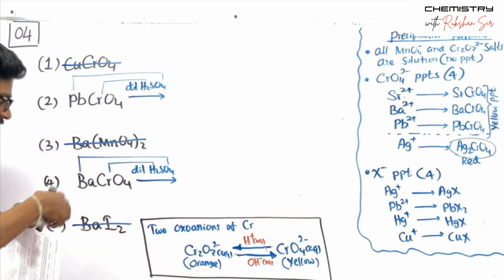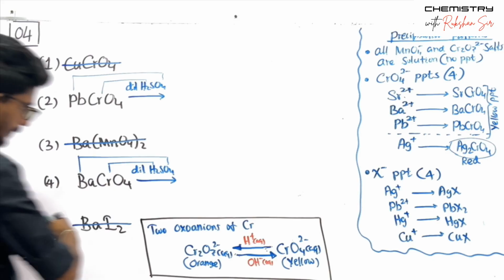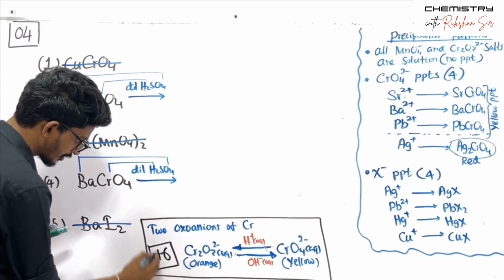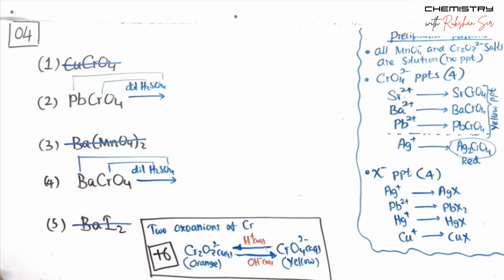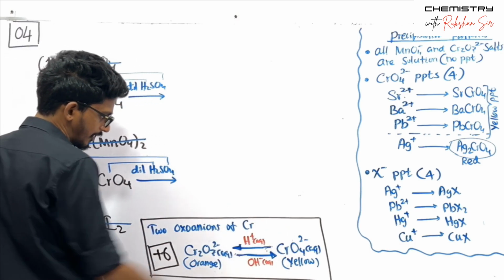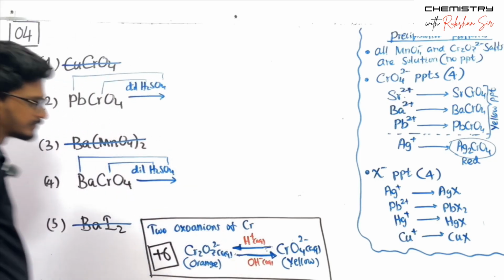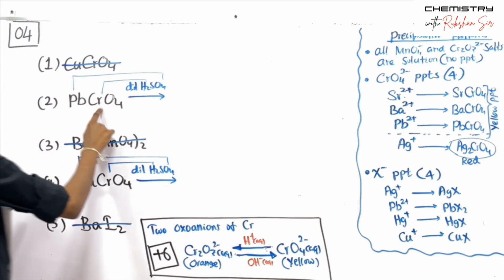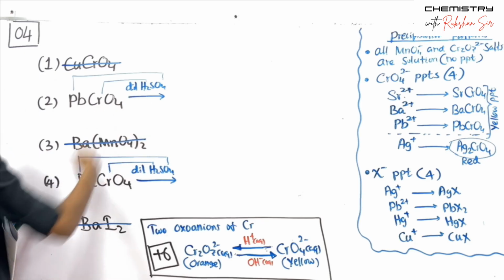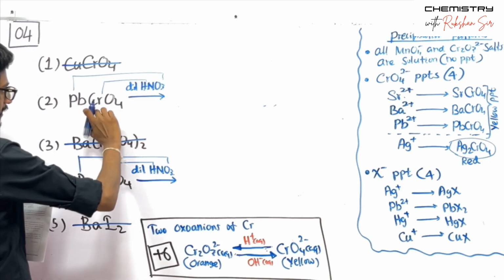We had discussed this relationship last day with chromium's plus 6 oxidation state. The chromates will be converted to dichromates by adding H plus, providing an acidic medium. Dichromates will convert to chromates when you provide a basic medium. That is what happens here. As acidic medium is applied, dichromate will form.